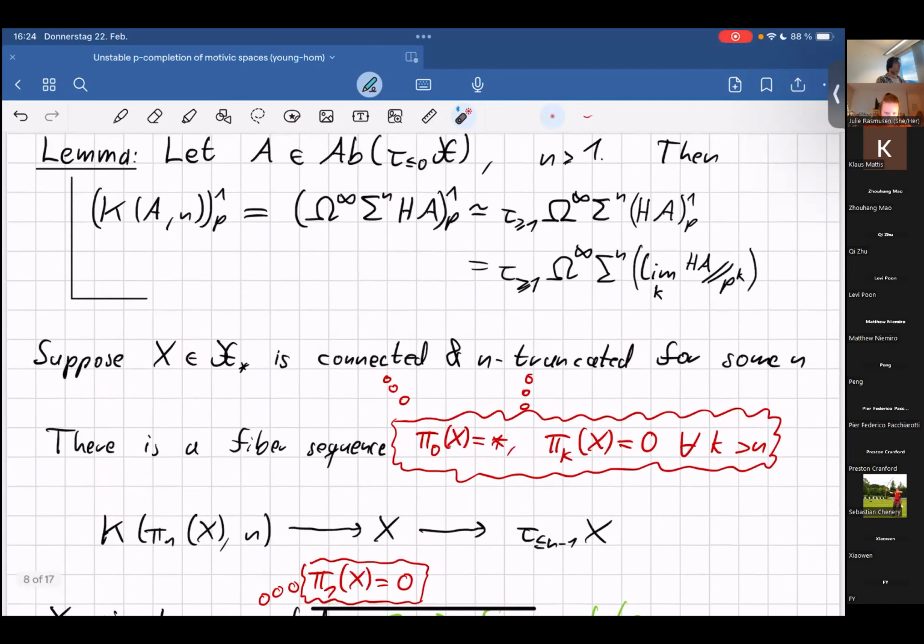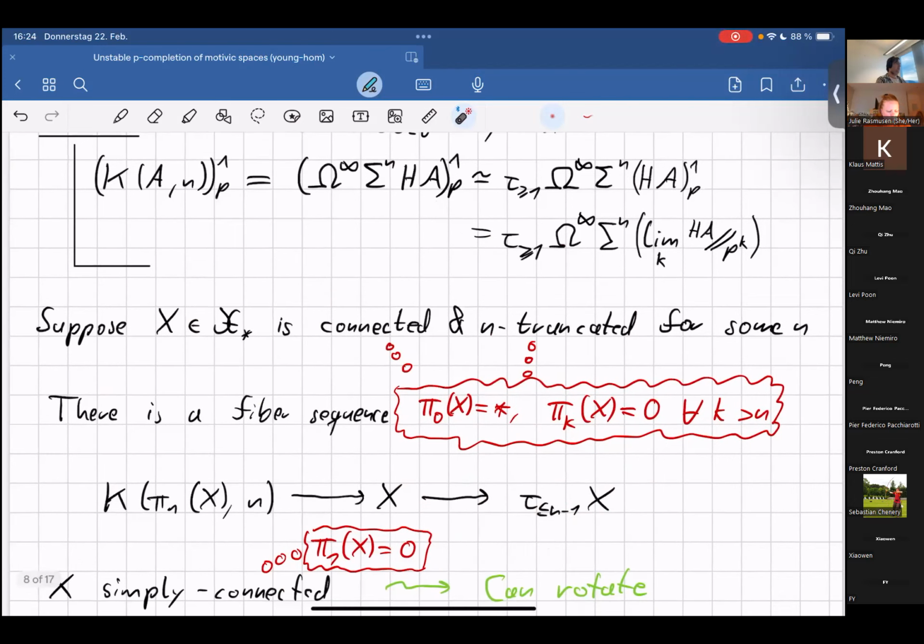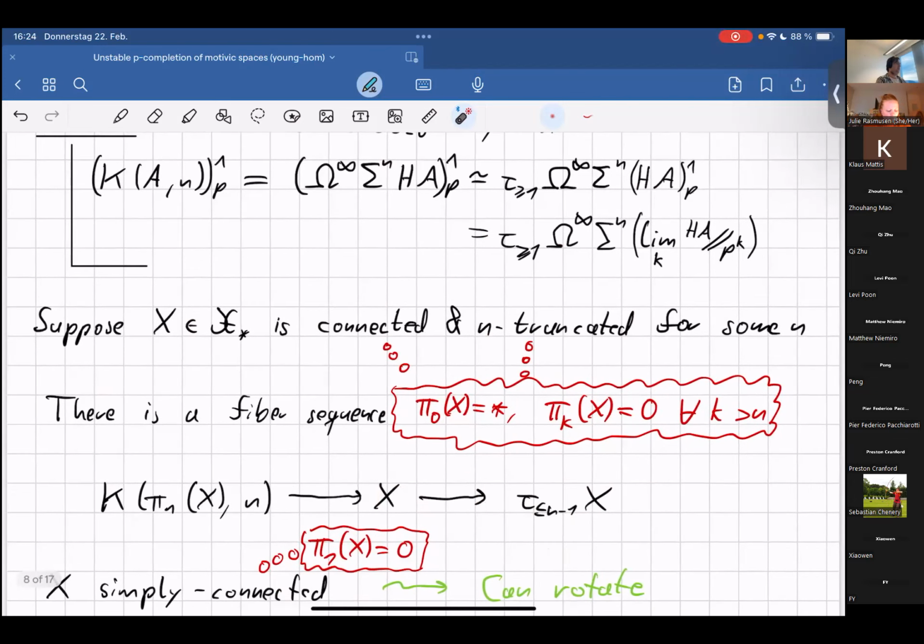And then as in topology, we have a fiber sequence where we have X here. We can have the canonical map to the n-1 truncation of X. So this is just the object which throws away the nth homotopy group but keeps the others. And if we take the fiber of this map, then we get an Eilenberg-MacLane sheaf, which has the nth homotopy group of X in degree n.